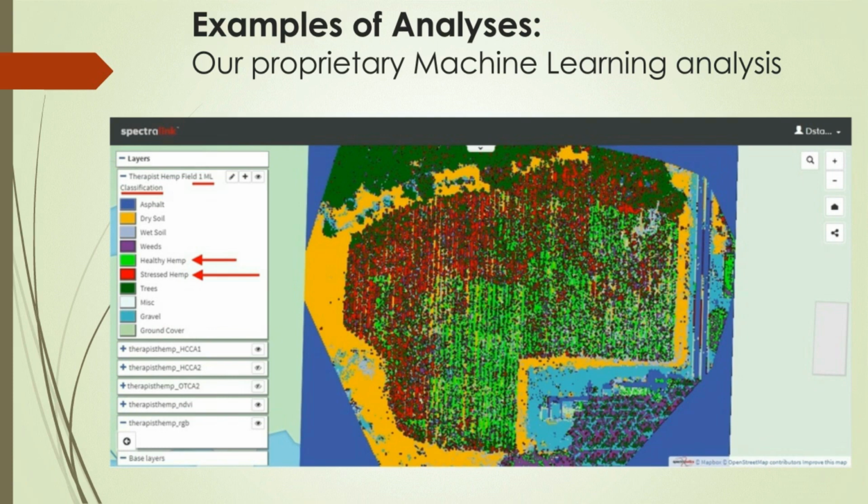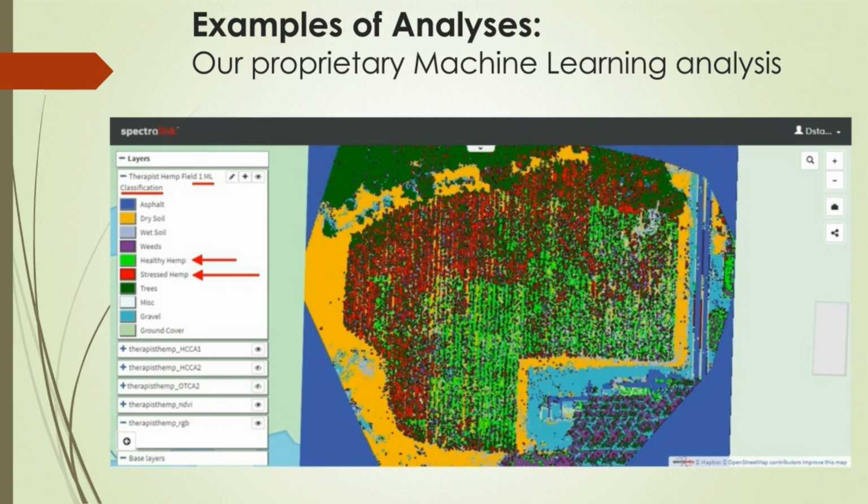We took some vegetation indices, we took the RGB, the visual, and we taught the computer what a good healthy plant looks like and what an unhealthy plant looks like. It went through the field and identified all those areas of good and bad plants. This is something you'll be seeing more and more often as you go forward, and it takes some of the burden off of the grower to interpret some of the results of vegetation indices and analyses.